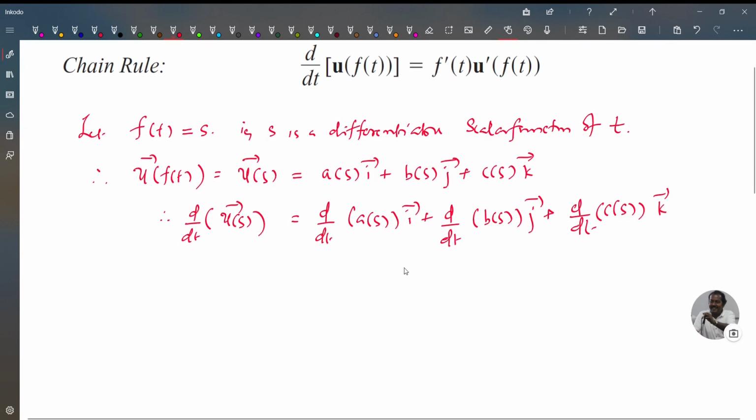So a is a function of s and s is a function of t.